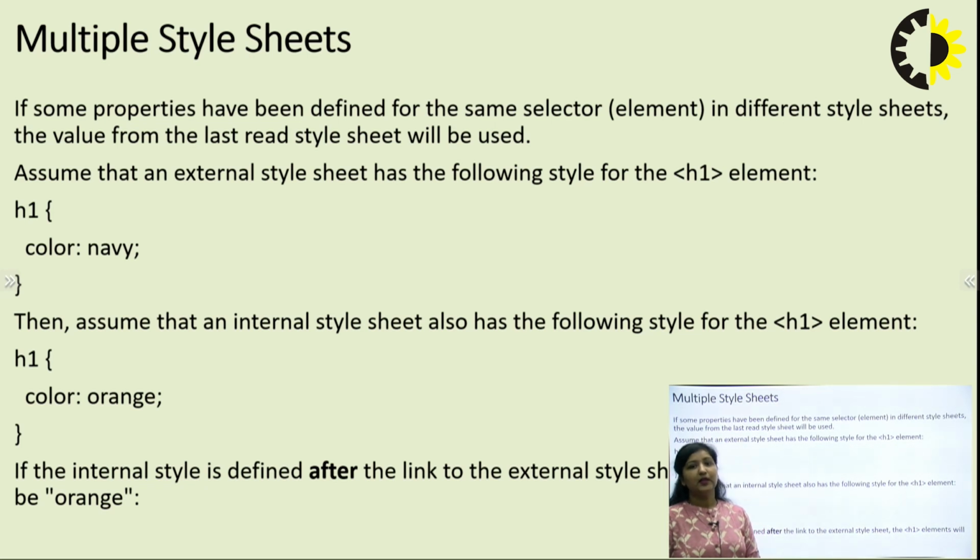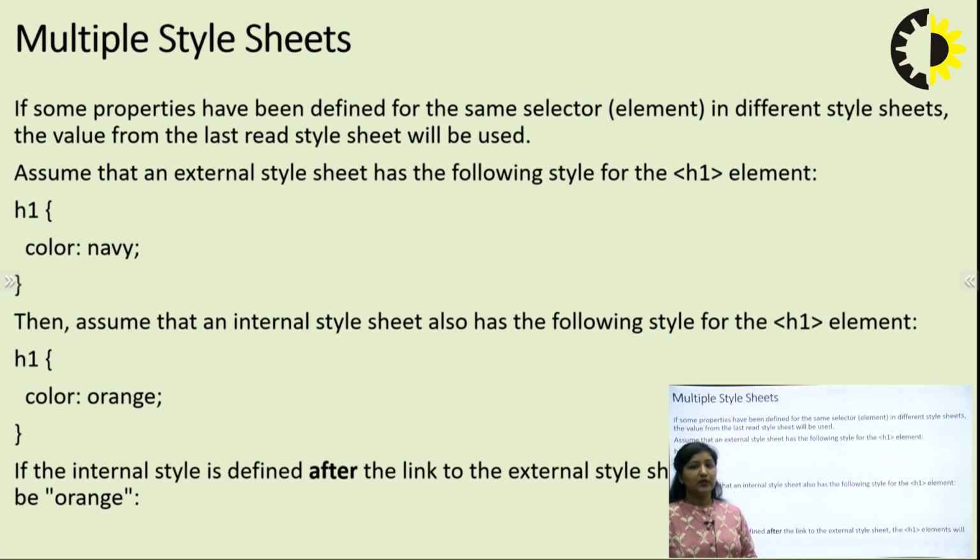For example, if I have an H1 with the color navy, then we assume an internal style sheet where the H1 element has the same color as well. Furthermore, after this H1, if I make H1 color orange, then when I call this internal style sheet, we have two selectors H1.